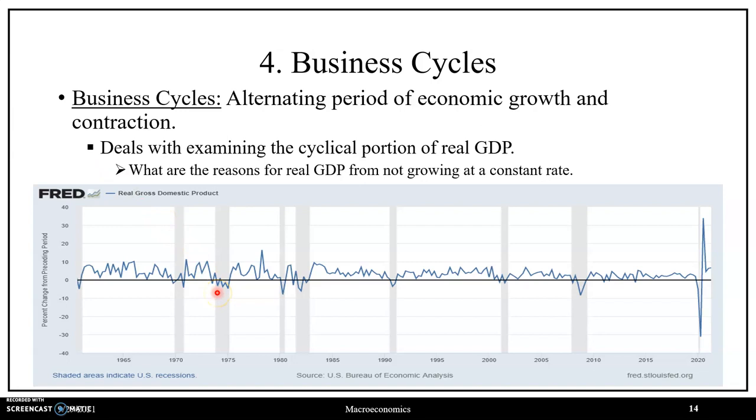Here we have a particular graphical representation of business cycles, where we have real GDP for the United States from 1960 until 2021 in the form of the percentage change from the preceding period. This allows us to remove that trend component dealing with economic growth and examine strictly the cyclical component, or business cycles, where here we have that real GDP in terms of the percentage change from the preceding period is fluctuating up and down at a non-constant rate around a particular value.